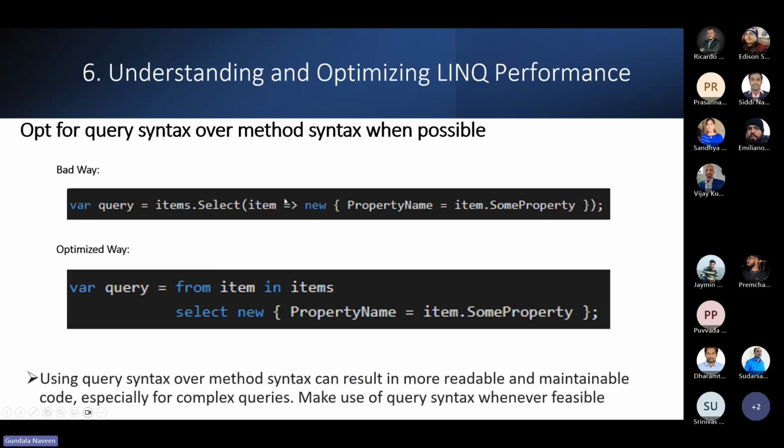The next thing is understanding and optimizing LINQ query performance. We are all aware of LINQ queries, which we use mostly. LINQ itself is an optimized way of writing code, but even in LINQ there is an even better way. Here we have used lambda expressions, and here the traditional way of writing the code.